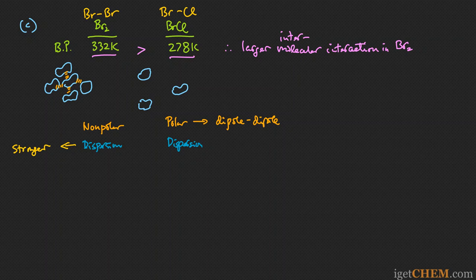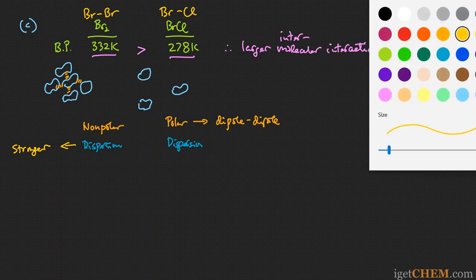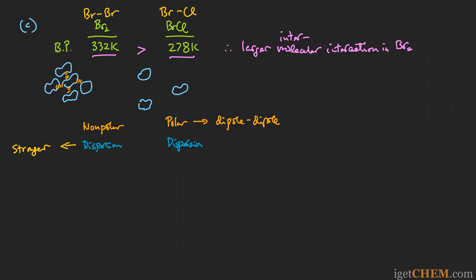So even though the Br2 molecules are nonpolar and do not have dipole-dipole interactions between them, it turns out that their size leads to a stronger dispersion force in Br2 compared to BrCl. As a result of that, that is the reason why the boiling point of Br2 is higher than BrCl.